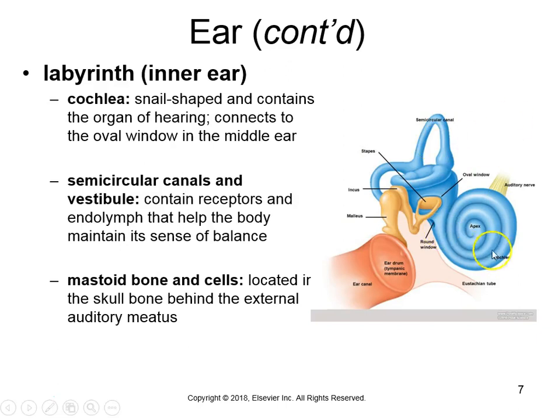This blue snail-shaped piece right here, kind of a big deal, is the cochlea, and that's considered your organ of hearing. And it connects the oval window, which you can see the ossicles from the middle ear here in this tan color. The oval window then connects to the cochlea, as well as the semicircular canals, which are these loopy guys, and the vestibule, which is where that connects.